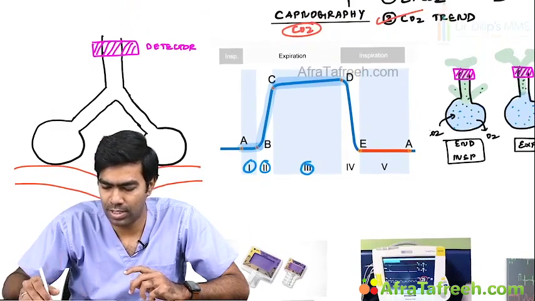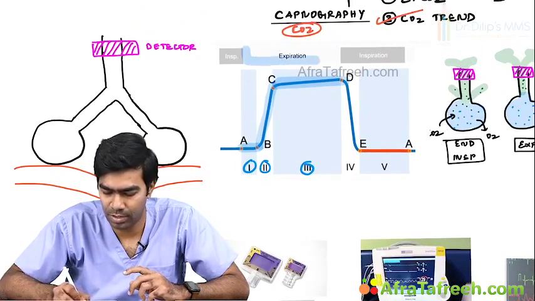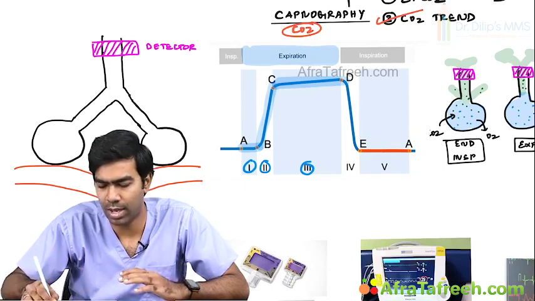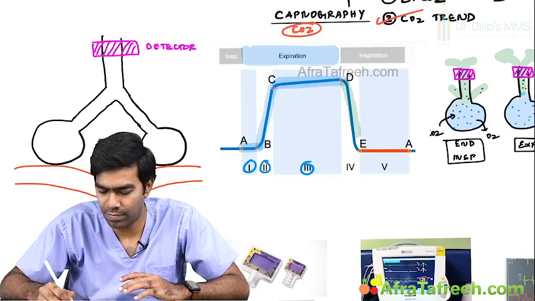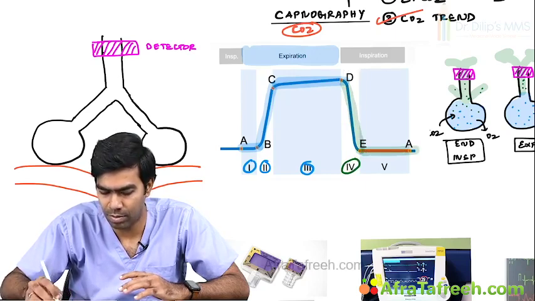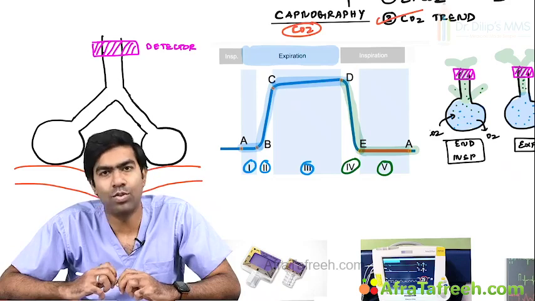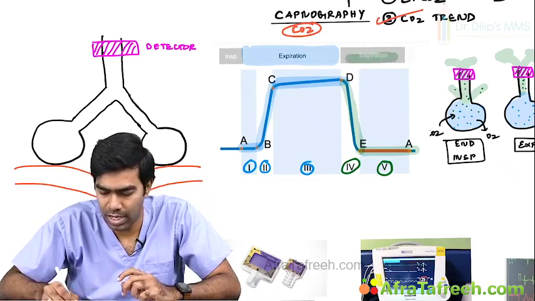Please do note that these 3 phases happen during expiration. Clear? So these 3 phases, that is phase 1, 2 and 3, happen during expiration. At the same time, you have phase 4, that is from point D to E, and phase 5 from point E to A. Clear? So these 2 phases are present during inspiration.